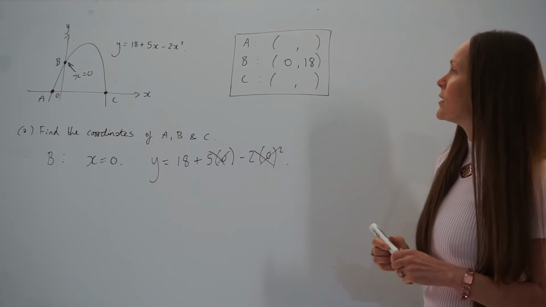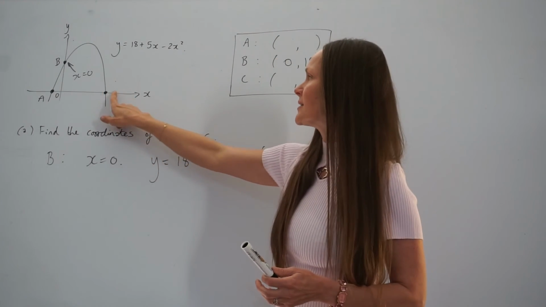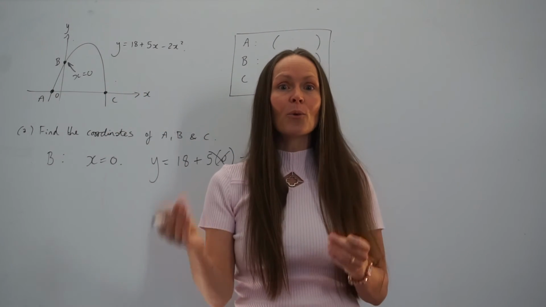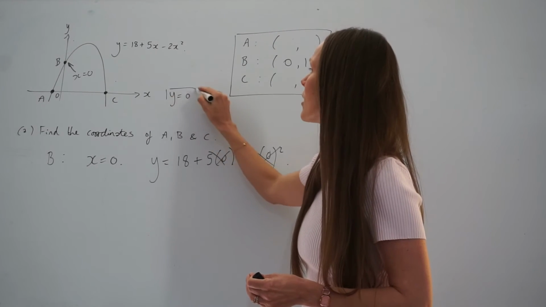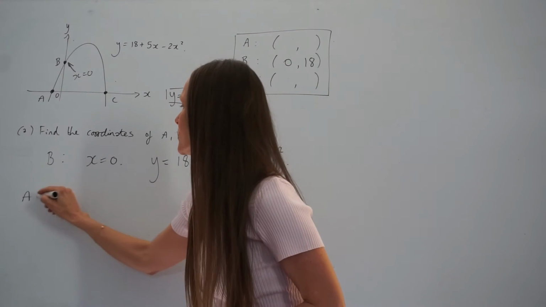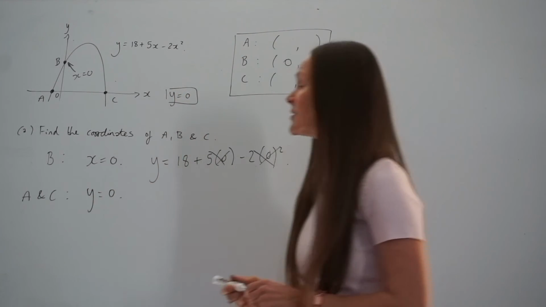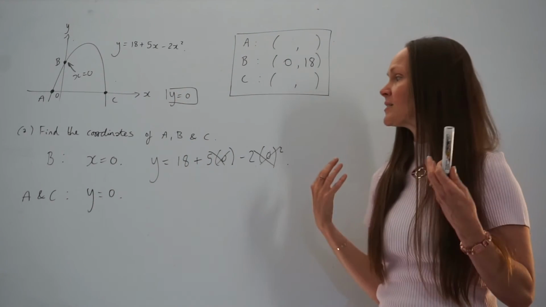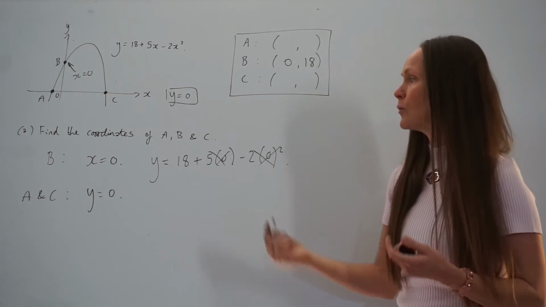Now if we look at points A and C, okay, so where the graph intersects the x-axis, this time we know that the y value is equal to 0. Okay, so whenever a graph intersects the x-axis, the y value always equals 0. Okay, and we're going to use the same idea. We're just going to replace the y value with 0 in the equation of the curve and then solve for x.